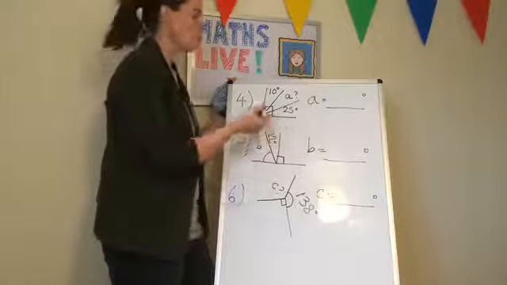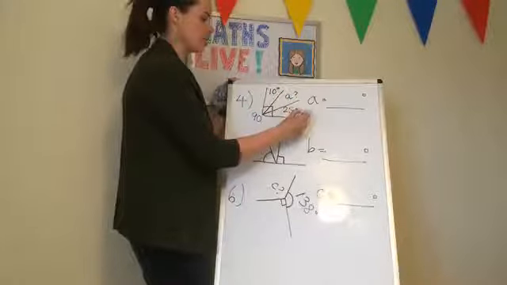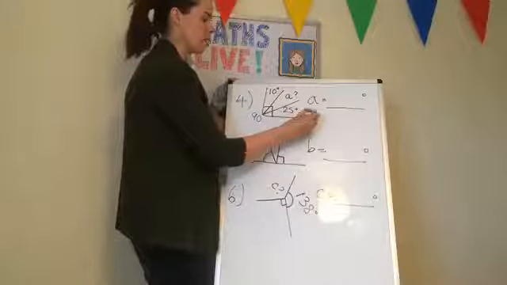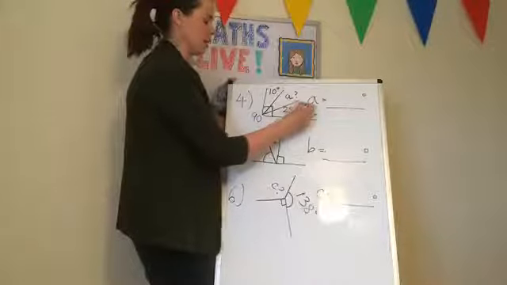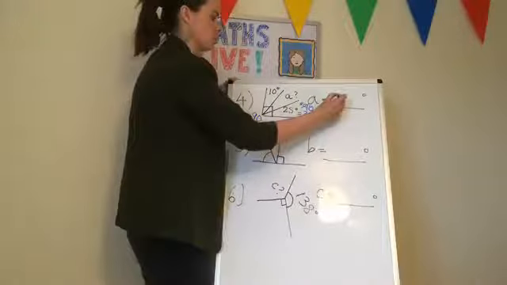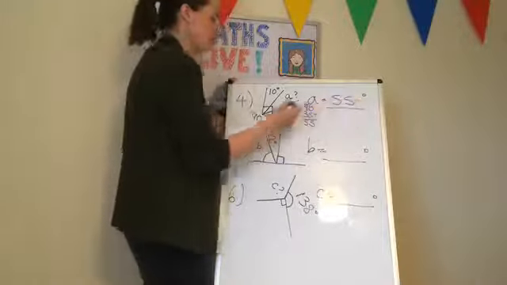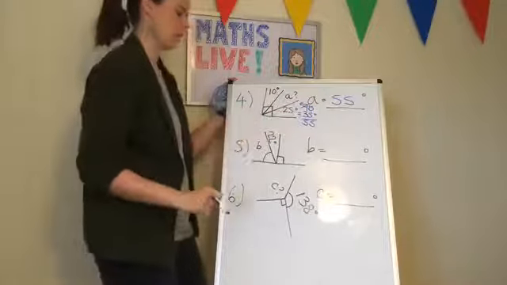What I tend to do is add these 2 up first, which will be 35, and then subtract that from 90. So my answer would be 55. But if you want to do 80 and then take away the 25, that's absolutely fine.